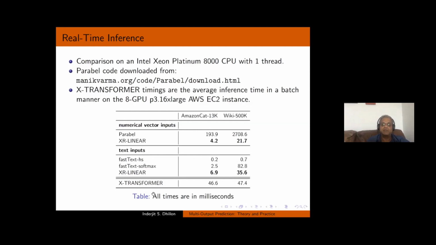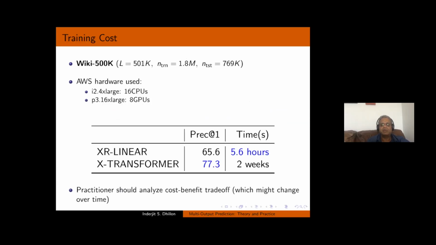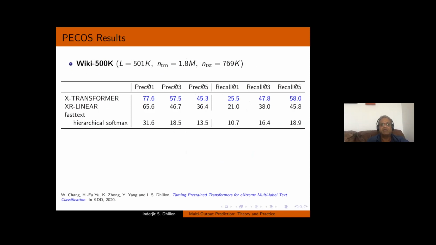And then X transformer has higher latency, but you have to realize this is not an apples to apples comparison, because this is using the 8 GPU machine, and this is using the 1 CPU machine. And just to point out, fastText is very fast, especially the hierarchical softmax. But if you go back and look at the quality of results, hierarchical softmax is really poor in terms of performance.